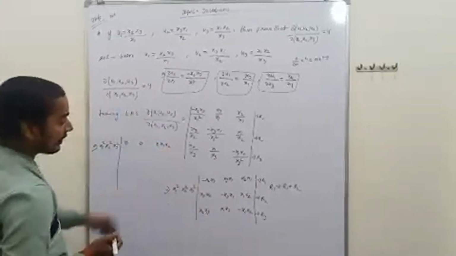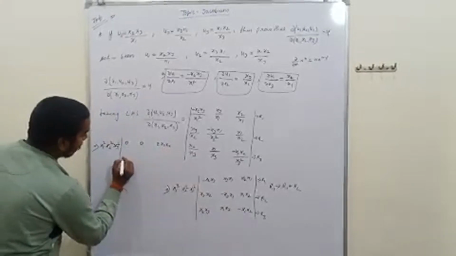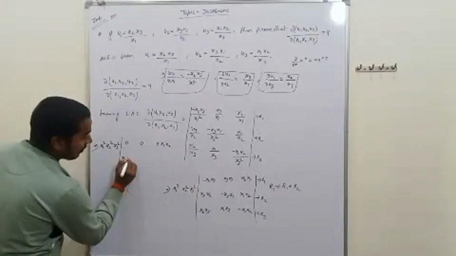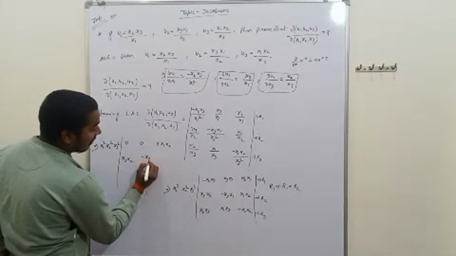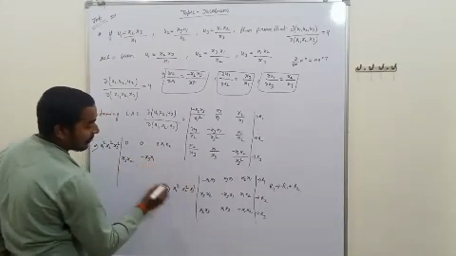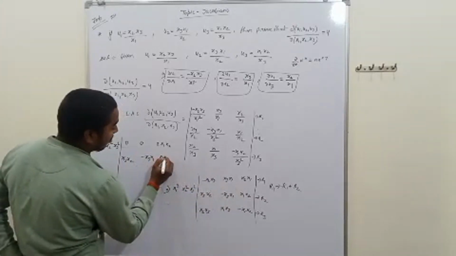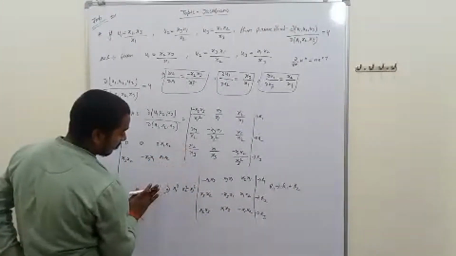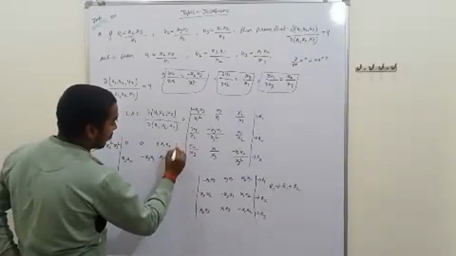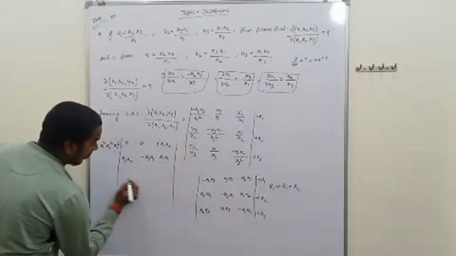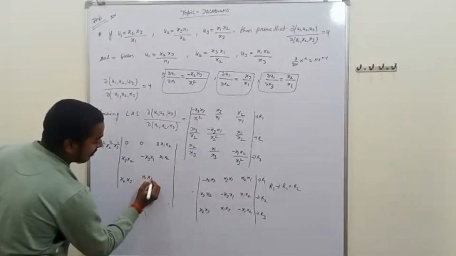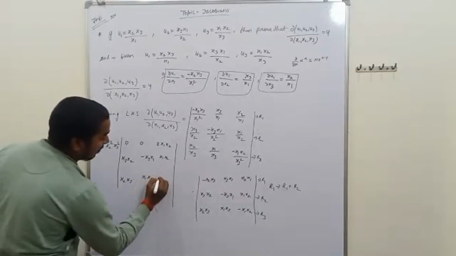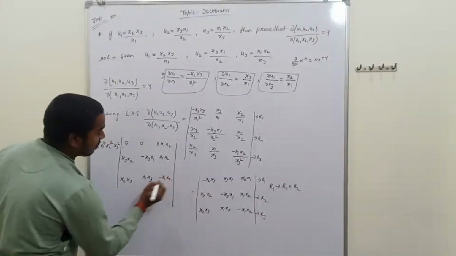Further we have to write as it is, that is x3 x2 and minus x3 x1 and x1 x2, and the third row is x2 x3 and x1 x3 and minus x1 x2.